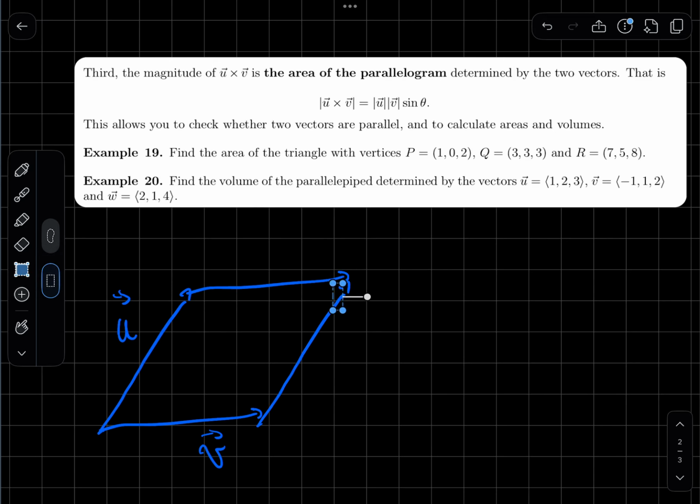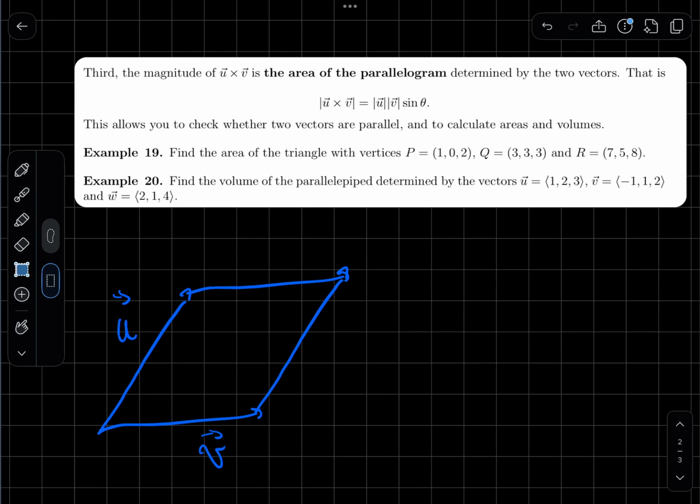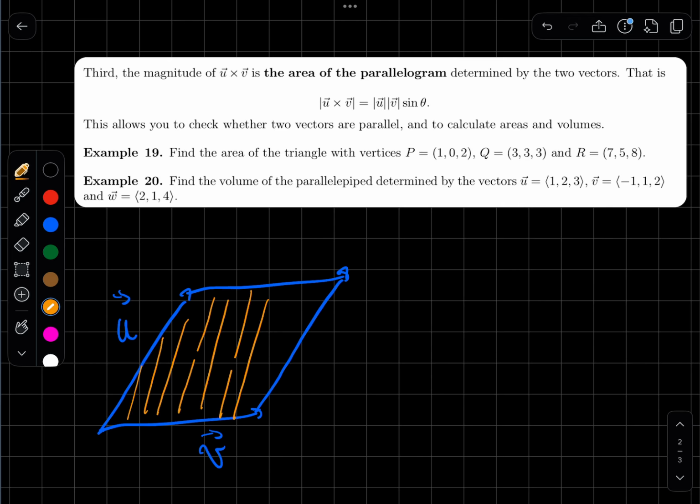That's going to close down as a parallelogram, as you can see, and calculating the cross product and then its magnitude gives you the area of this parallelogram, like so.